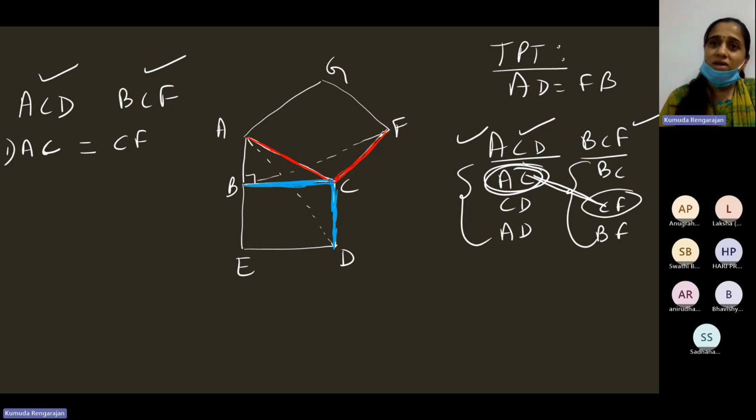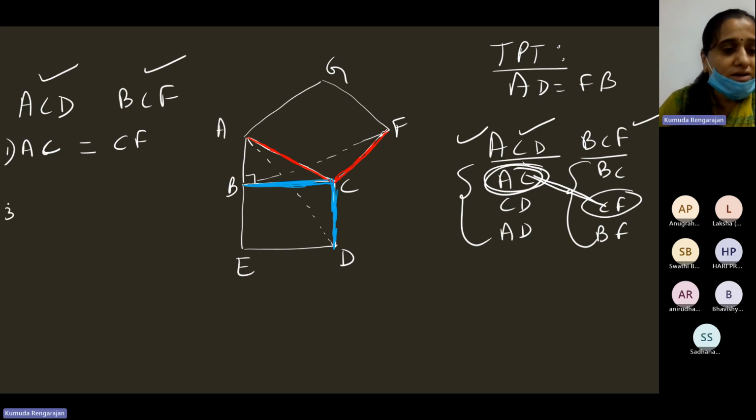So you must say one side of the first triangle is equal to a side of the second triangle. Simply writing some line segment is equal to some line segment is not valid information to show that they are congruent. So I'm saying AC of the first triangle is equal to CF of the second triangle.